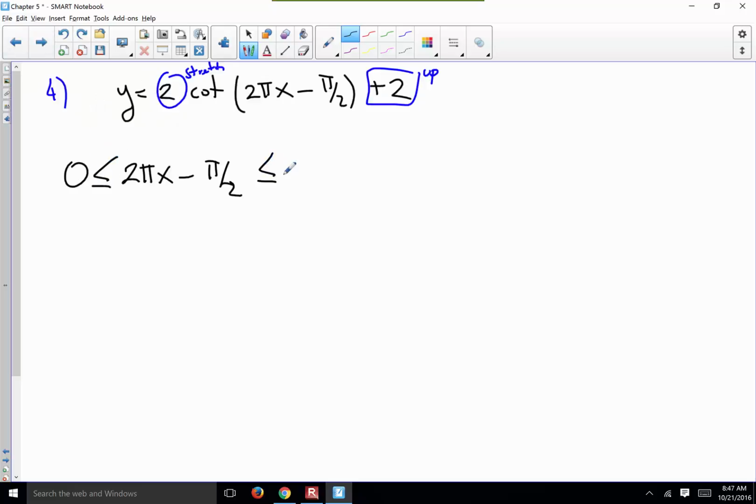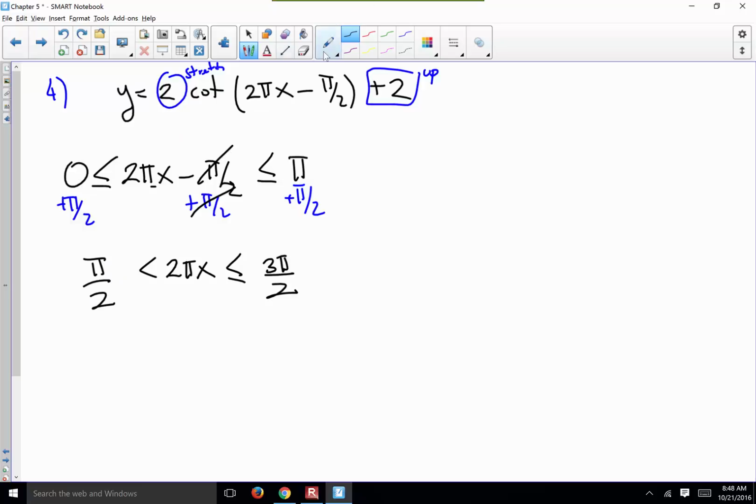Regular x values are from 0 to pi, but this one has some numbers next to x, so we need to first clear them. I will add pi/2 first. I see there is some right shift going on here.